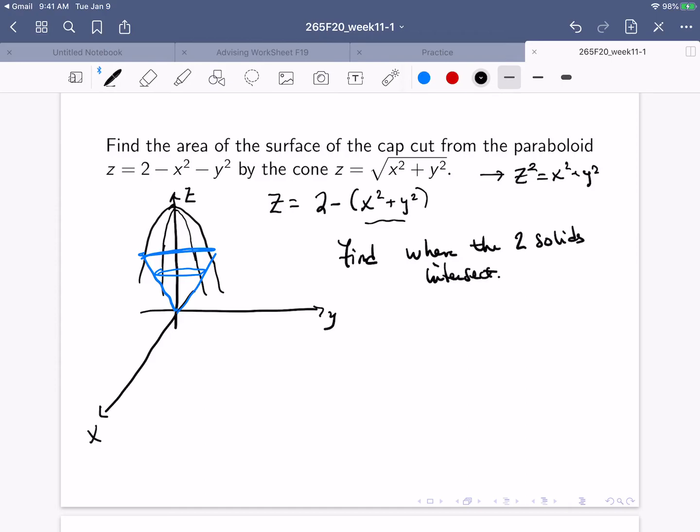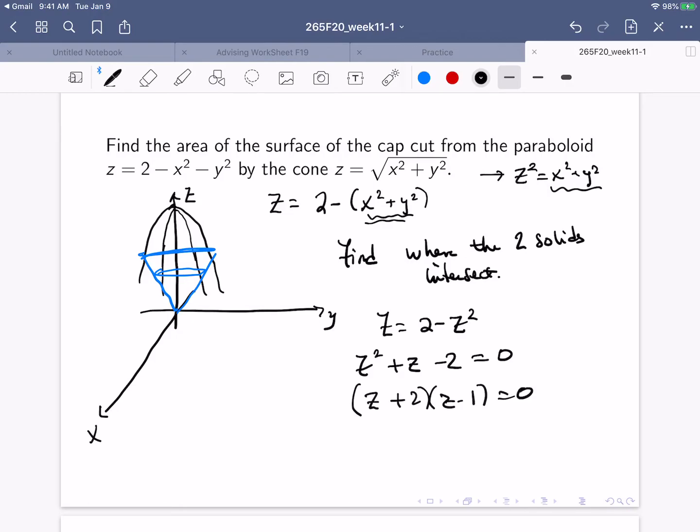Okay, well, I have an x squared plus y squared here. I also know that z squared equals x squared plus y squared, so I can say that z equals 2 minus z squared, or z squared plus z minus 2 equals 0. That factors as z plus 2 and z minus 1. I can eliminate z plus 2 because I'm not going to have an intersection with z being negative 2.